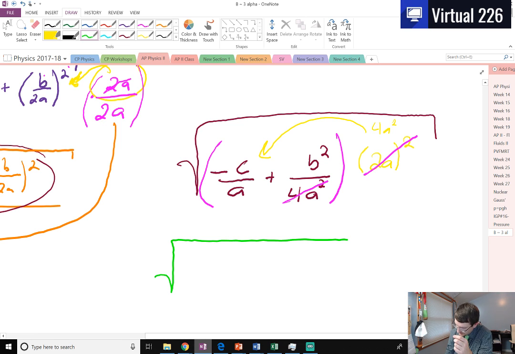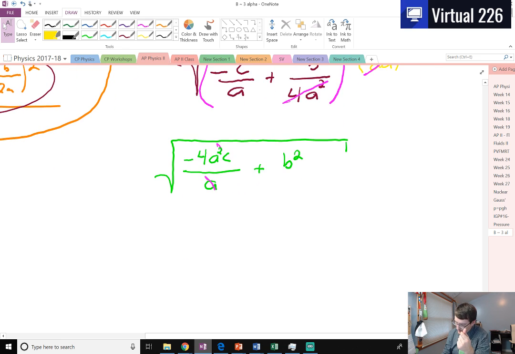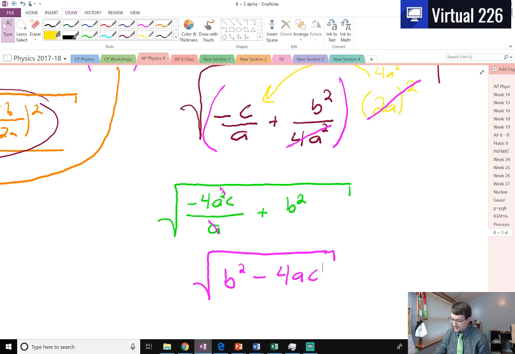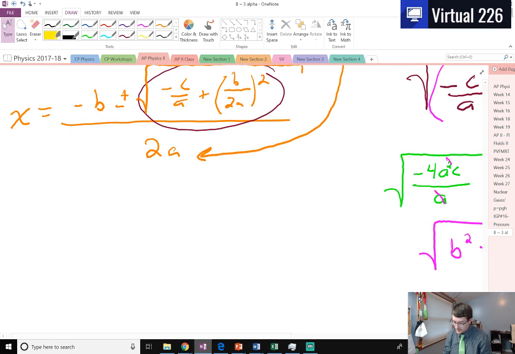So you end up getting a square root of negative 4a squared c over a plus b squared, and then one of these a's cancel out. So there's your, if we rewrite it, root of b squared minus 4ac. Ugh. Okay, because that distributes to each quantity. That was a bit of a pain.